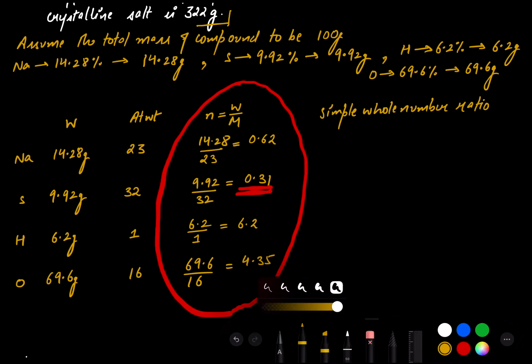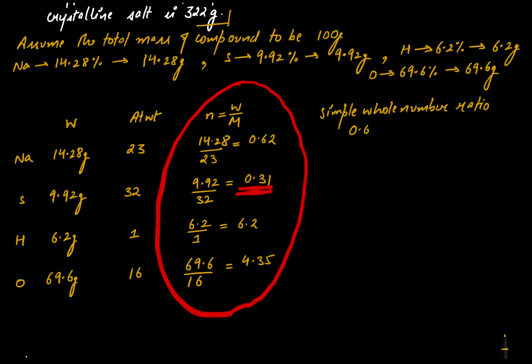That means I'm going to divide all the values of moles by the lowest value of mole, which came out to be 0.31, and it comes out to be 2. Now 0.31 divided by 0.31, it comes out to be 1.